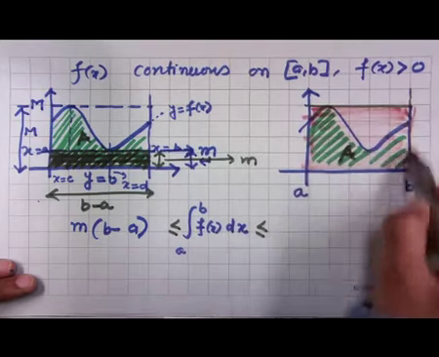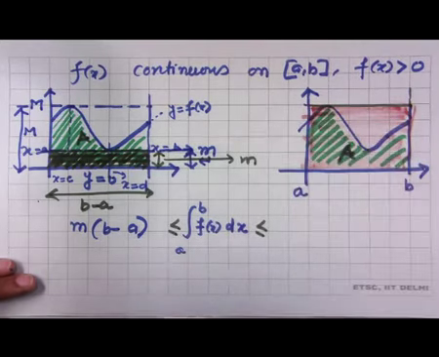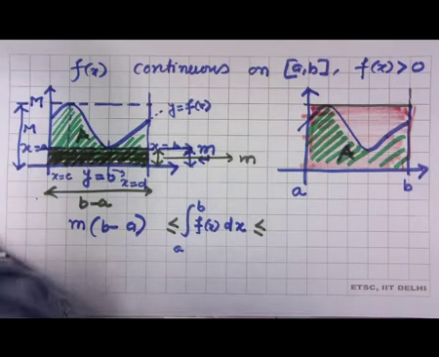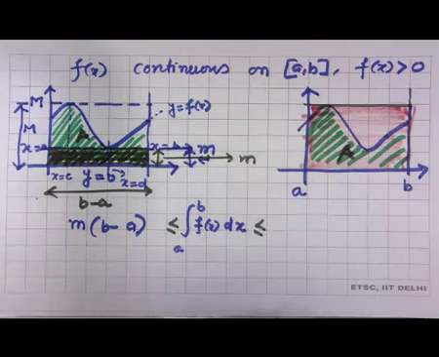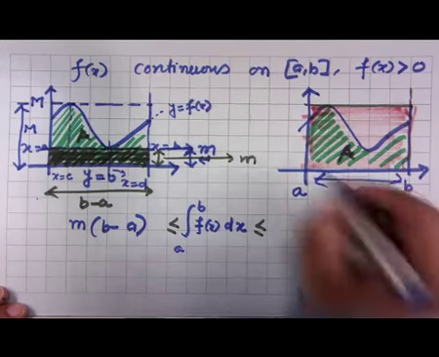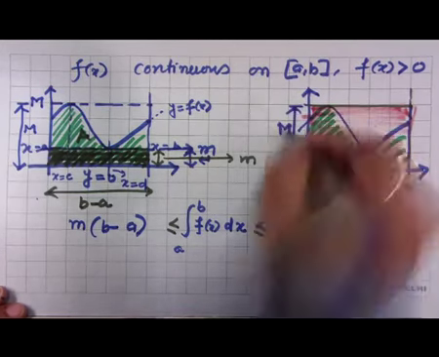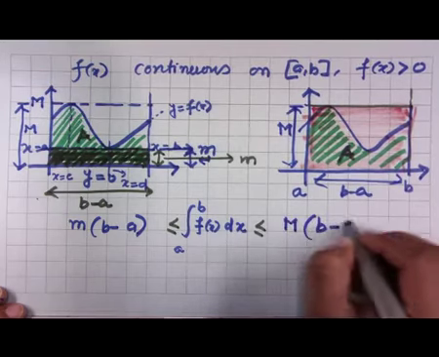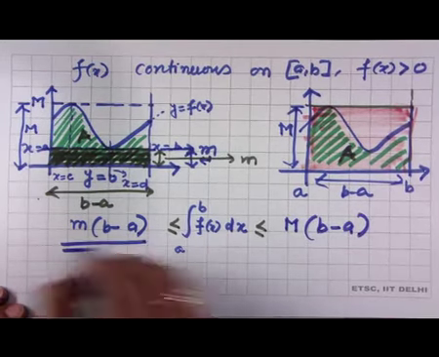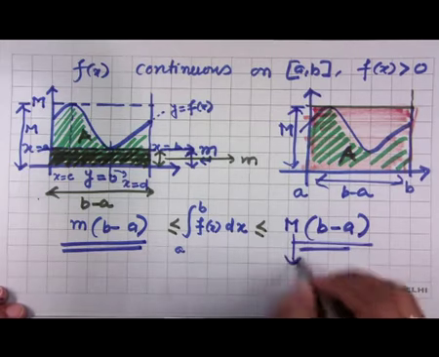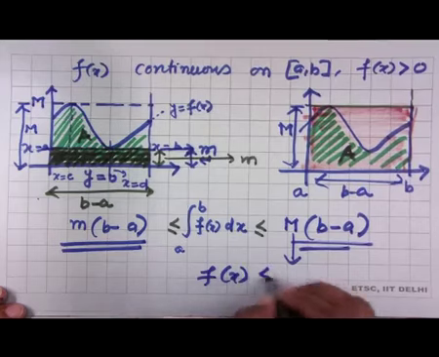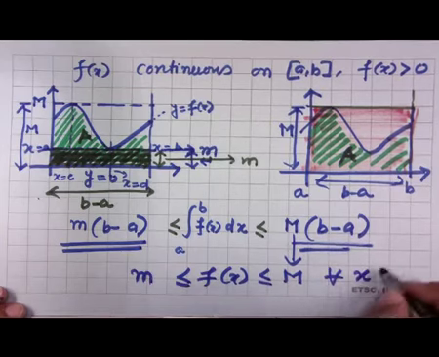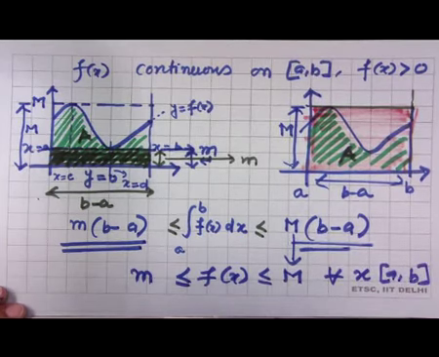How to compute this area? This length is b minus a and this length is capital M. So this area will always be bounded above by M(b minus a) and bounded below by m(b minus a), where M is the maximum value of the function attained in the interval [a, b], and small m is the minimum value of the function in the interval [a, b].